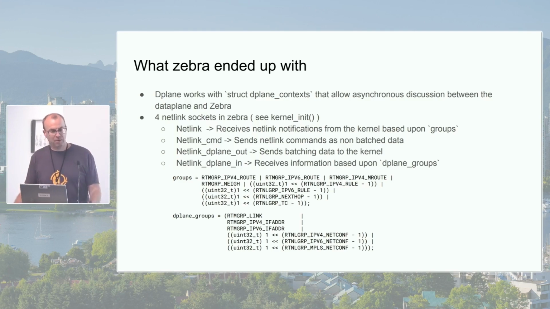The way FRR events work is that we handle events and then reads and writes. If Zebra is especially busy, we can have events from the dplane that have dependencies on data that the netlink socket hasn't read yet, and we'll go, oh, you're sending me data about something I don't know, let's drop it on the floor.